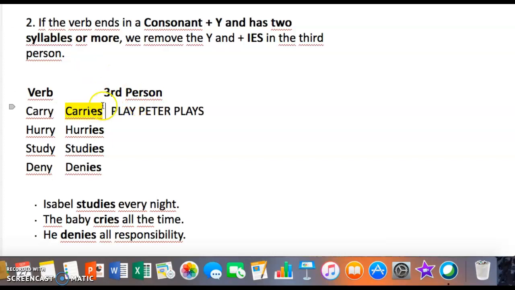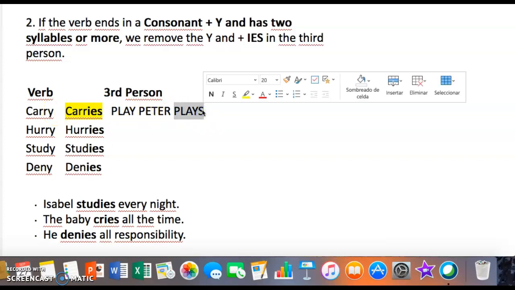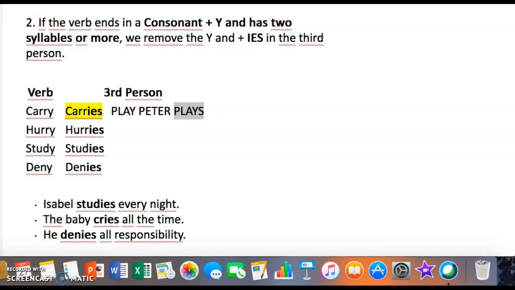So I wouldn't just add an S onto the end of here. However, please note that play has one syllable, so we say plays. If it finishes in Y and it's one syllable, we add an S. However, if it finishes in Y and it has two syllables, we put IES.